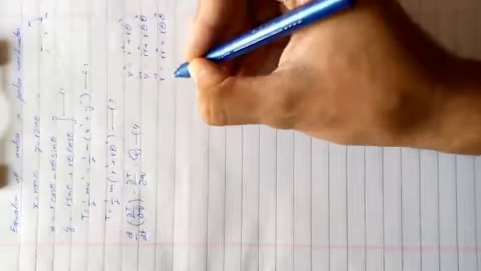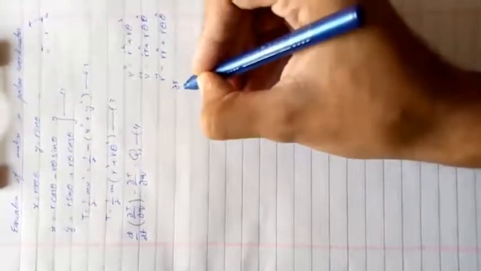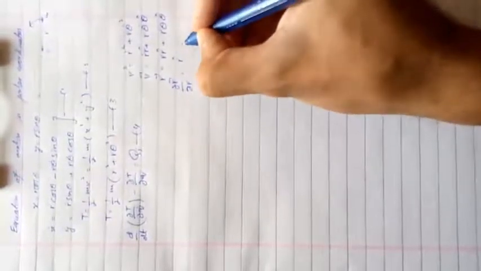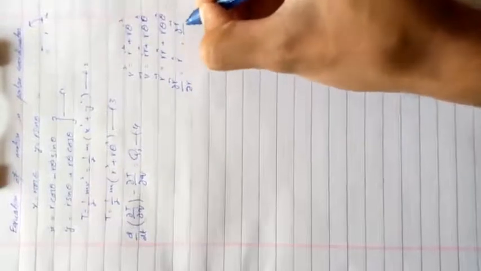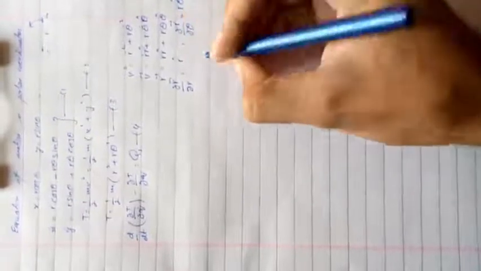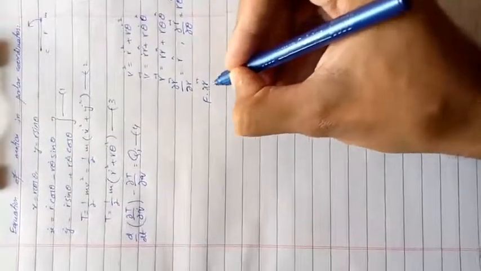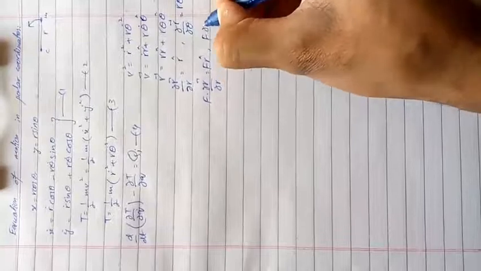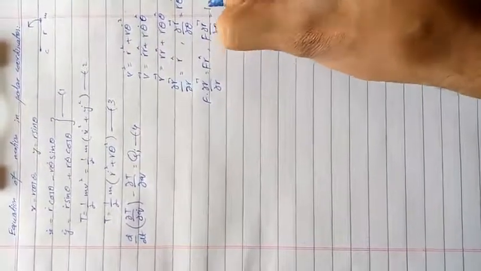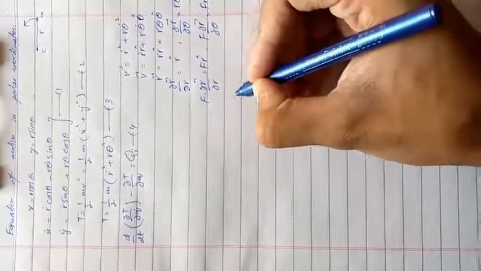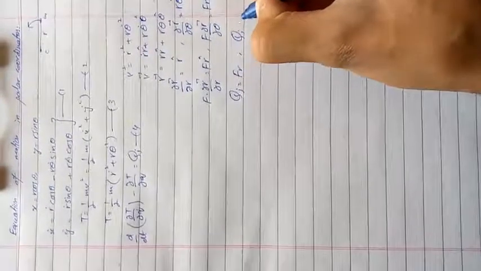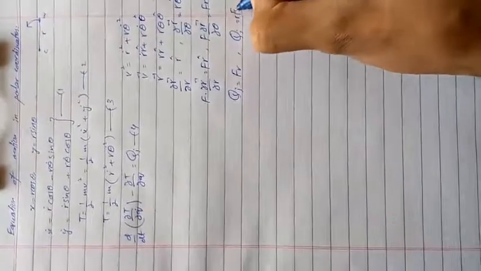By differentiating with respect to r and theta, we have partial r over partial r equals r cap, and partial r over partial theta equals r theta cap. Multiplying by F, we have Qj equals F r, and Qj equals r F theta.